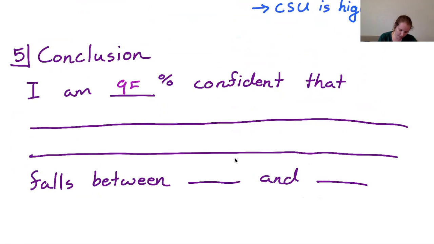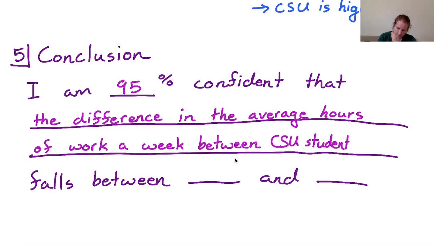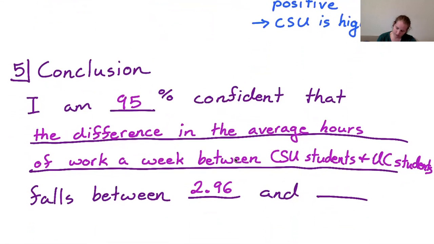So, I am 95% confident that the difference in the average hours of work a week between CSU students and the UC students falls between 2.96 and 8.43 in overload hours.